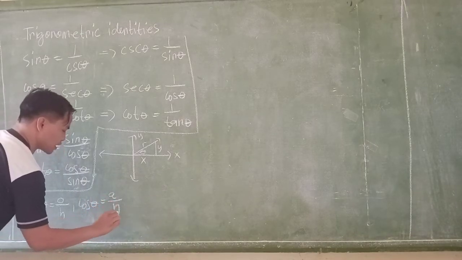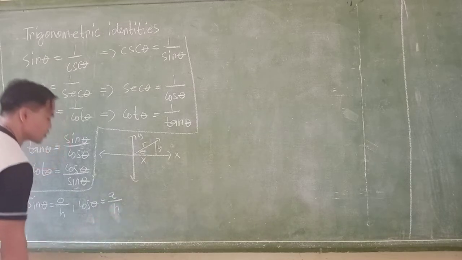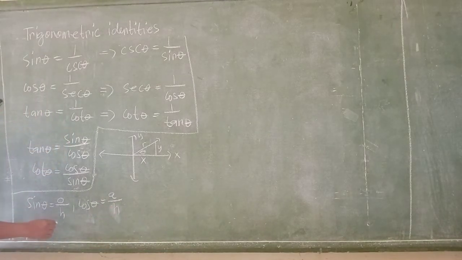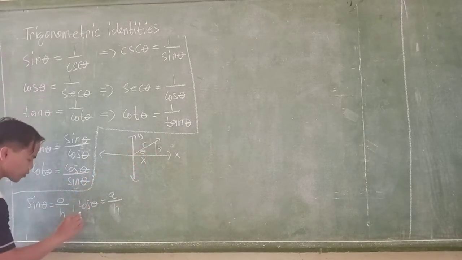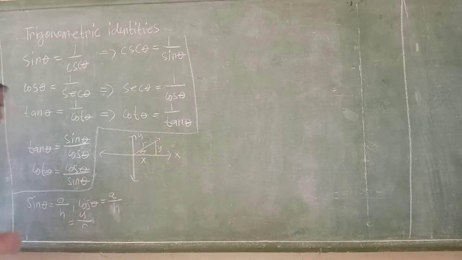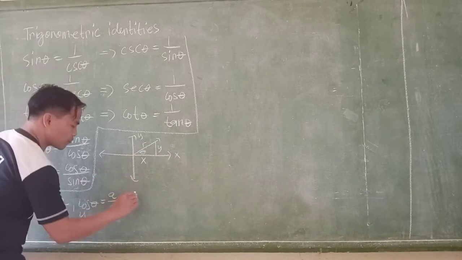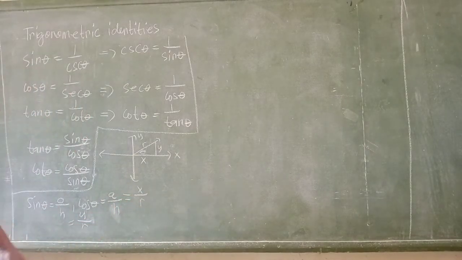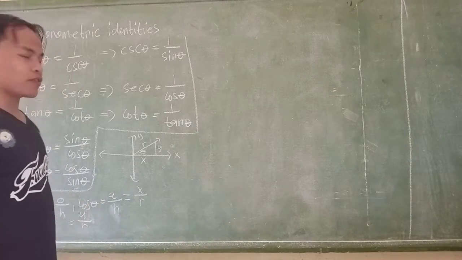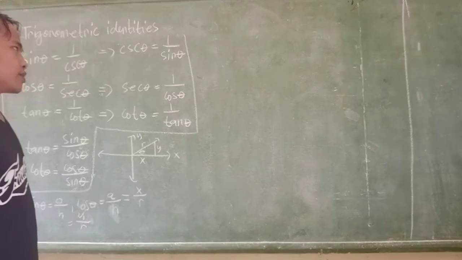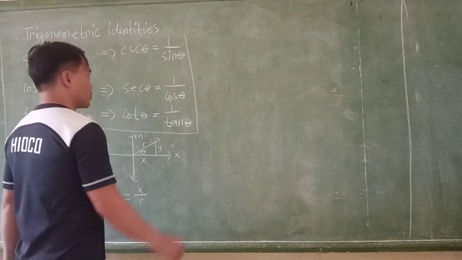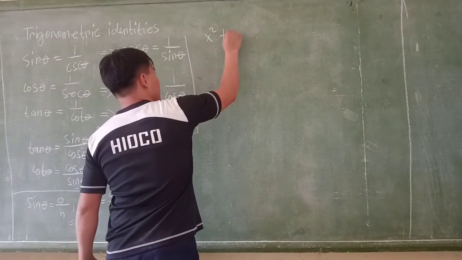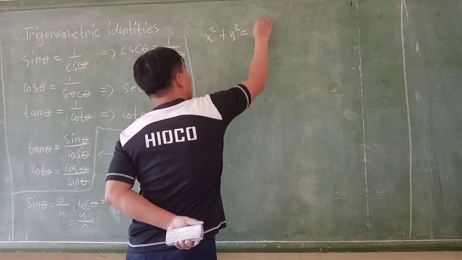So we will use that information. Opposite over hypotenuse is y over r, and adjacent over hypotenuse is x over r. Remember, to derive the Pythagorean identity, we can use the equation of the unit circle, which is x squared plus y squared is equal to r squared.